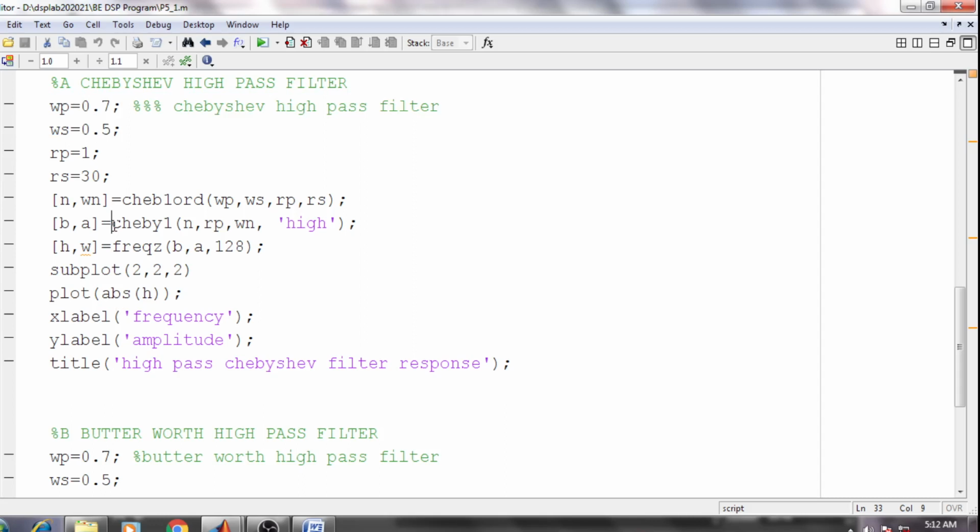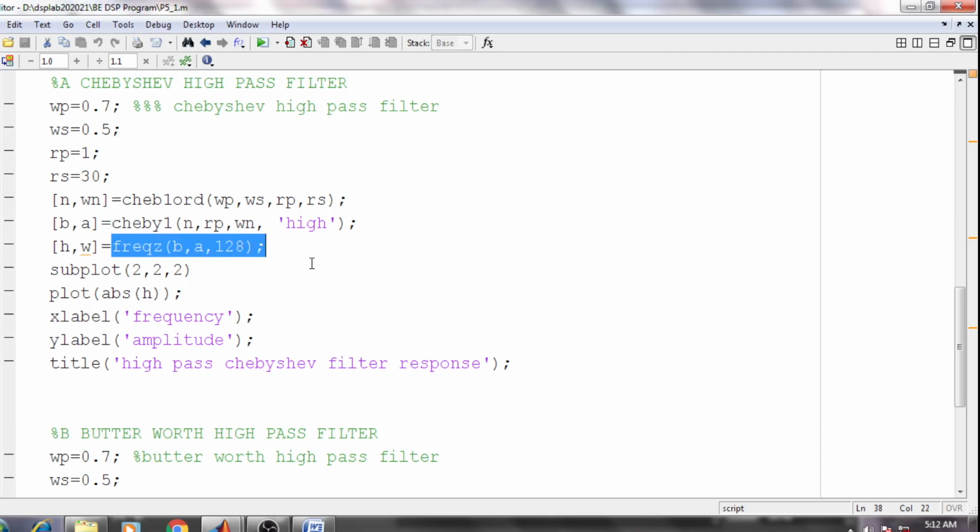Once you pass these parameters to this cheby1 function, you will get the coefficients b and a. These coefficients are enough for understanding the poles and zeros, as well as the magnitude and phase plot.